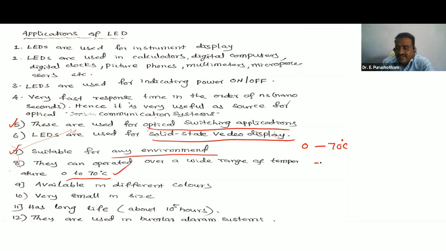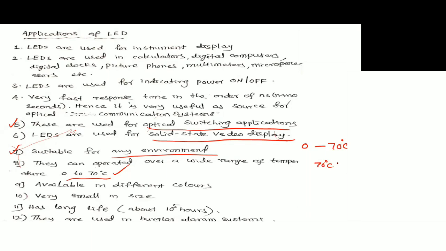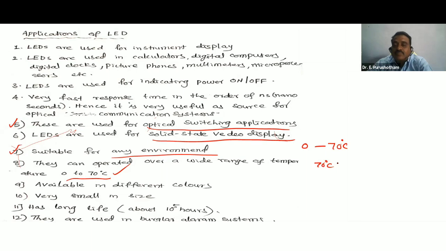Above 70, all devices will get some problems. For example, an AC, just reached 55 above to 60, it will not work.